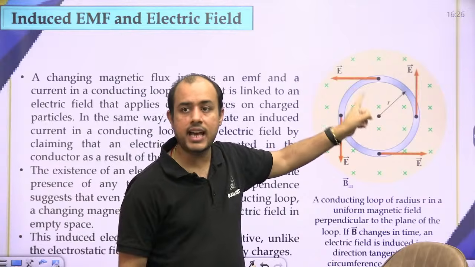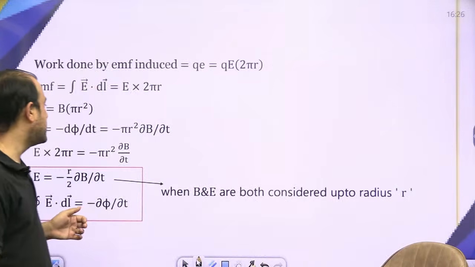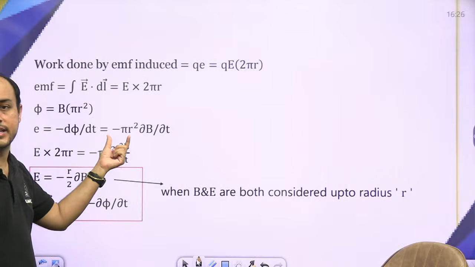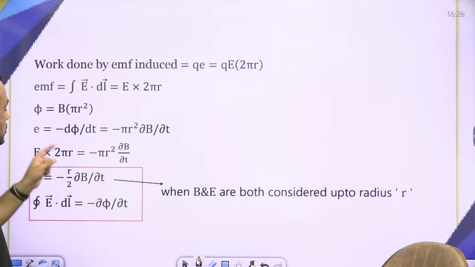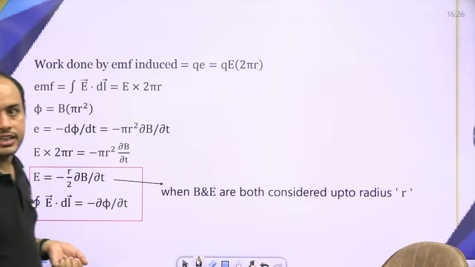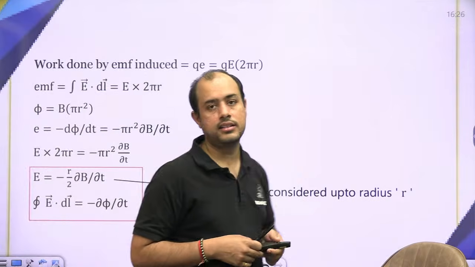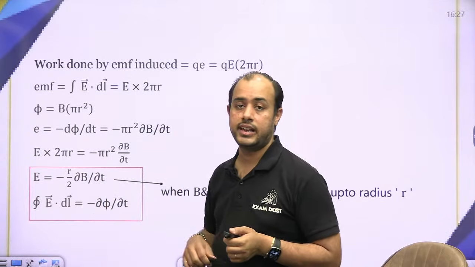But this green arrow, the magnetic field is changing with time. So when you take minus d phi by dt, minus pi r square del B by del t. So now r will be cancelled. So minus r by 2 del B by del t is the induced, sorry, induced electric field. तो इस तरह से induced electric field निकलती है.